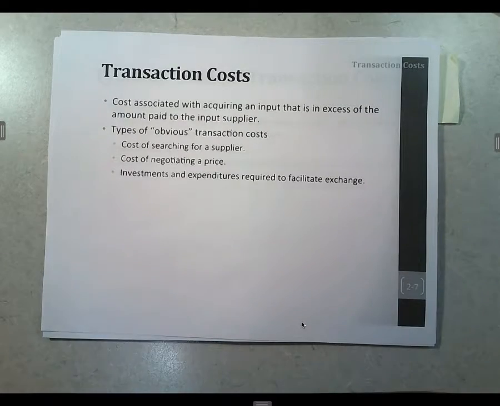So there are some costs in the market that differ based on the type of way that we procure our inputs. The transaction costs are basically what does it cost to get your inputs.